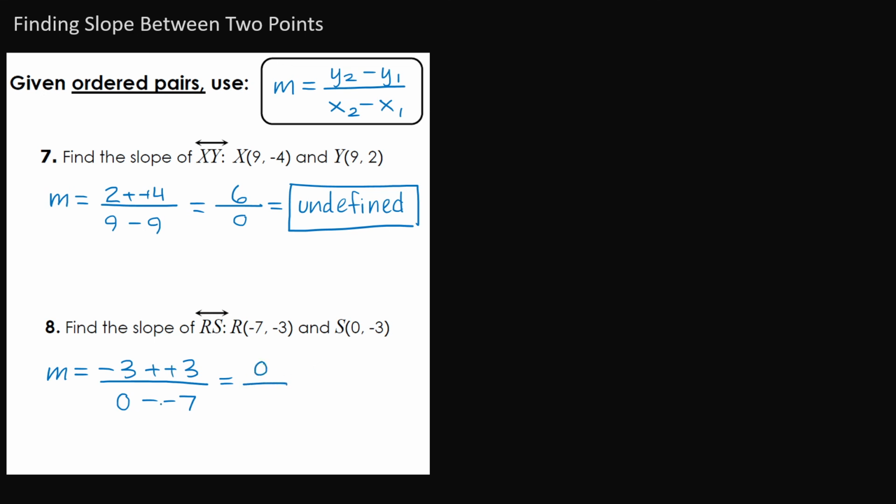And 0 minus -7 is the same as saying 0 plus 7, so it's 7. 0 over 7 just reduces to 0. This line has a 0 slope, which means it is horizontal. For additional practice with finding the slope between 2 points, try out problems 5 and 6. You can also try out the following page. You do not need to do all of those problems, but do feel free to try out a few.